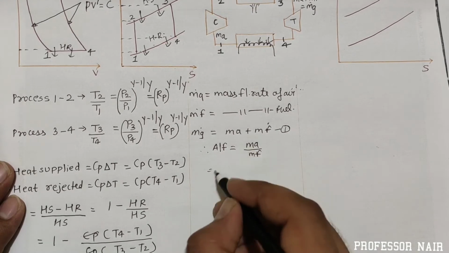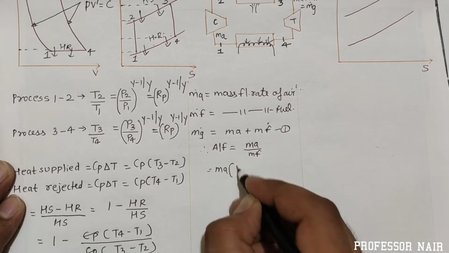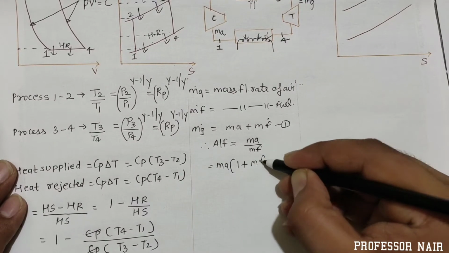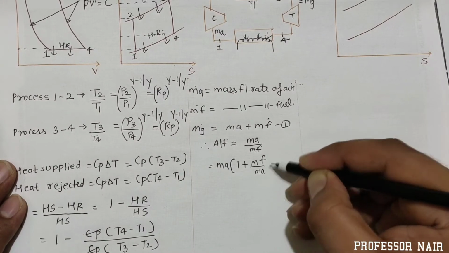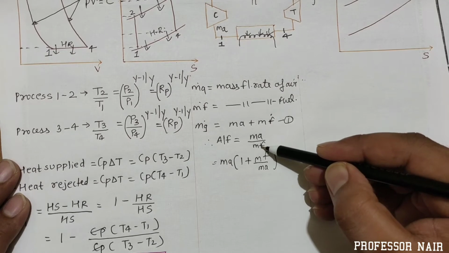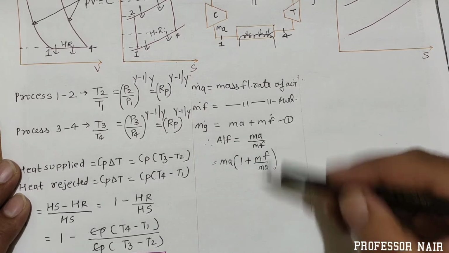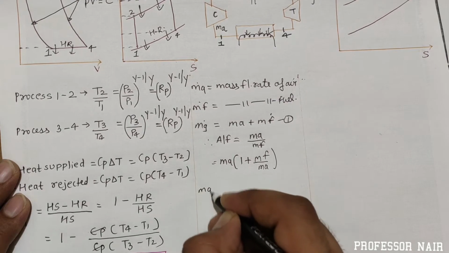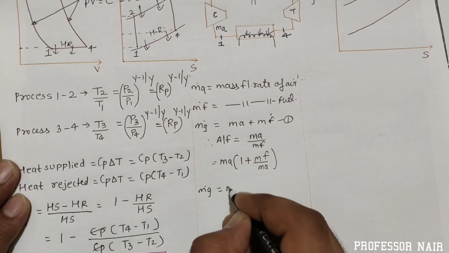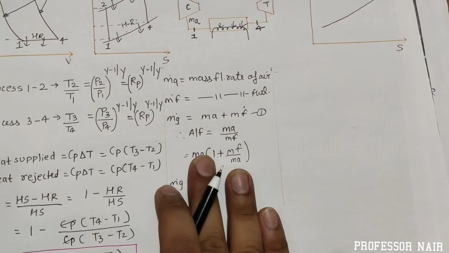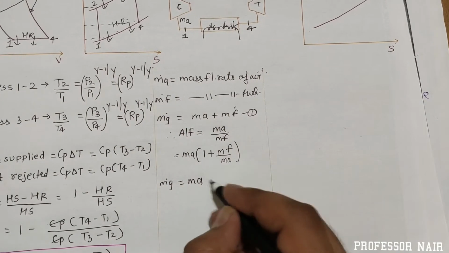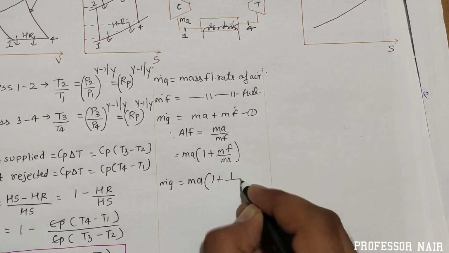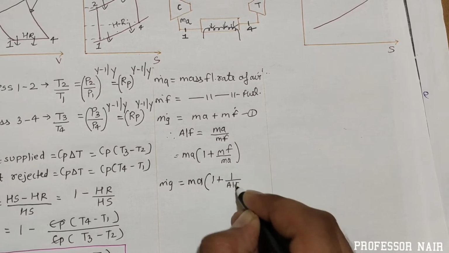So for example, this is equation 1. Take ma as common: ma times 1 plus mf upon ma. But ma upon mf is what? The air fuel ratio. Its inverse is being given. So finally you can write mg dot as ma times 1 plus, it is nothing but, 1 upon air fuel ratio.